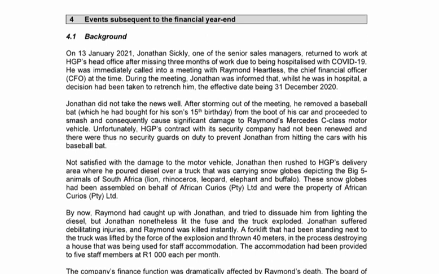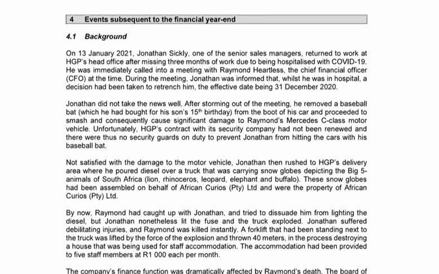Unfortunately, HGP's contract with the security company had not been renewed, and there were thus no security guards on duty to prevent Jonathan from hitting the cars with his baseball bat. Not satisfied with that damage to the motor vehicle, Jonathan then rushed to HGP's delivery area, where he poured diesel over a truck that was carrying snow globes depicting the Big Five animals of South Africa.